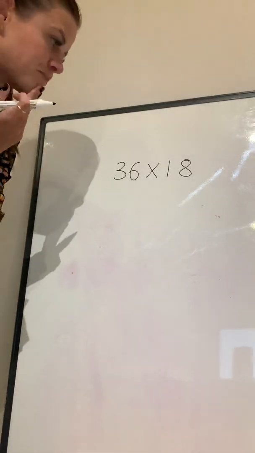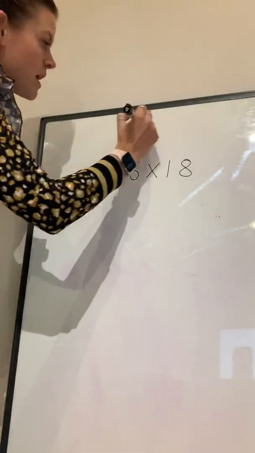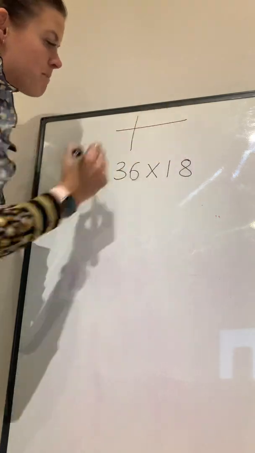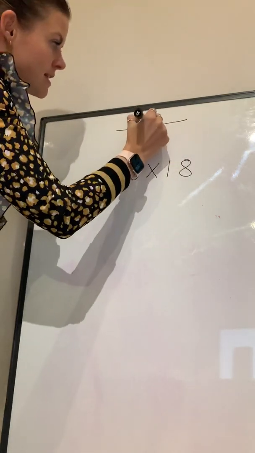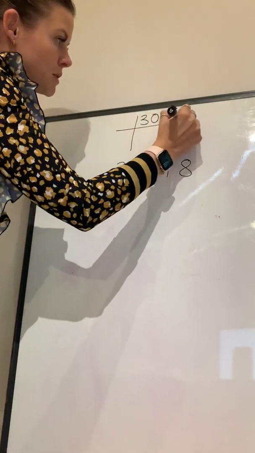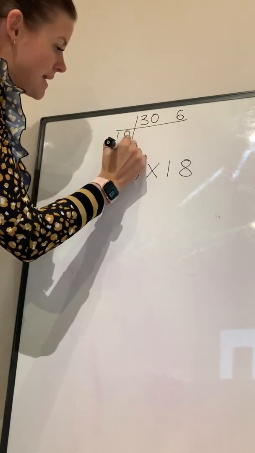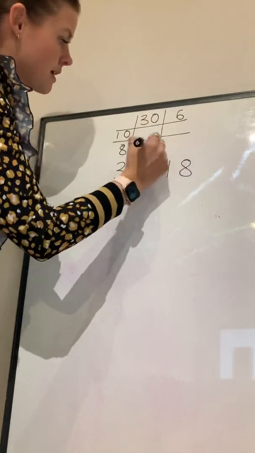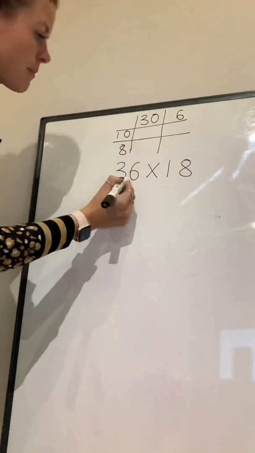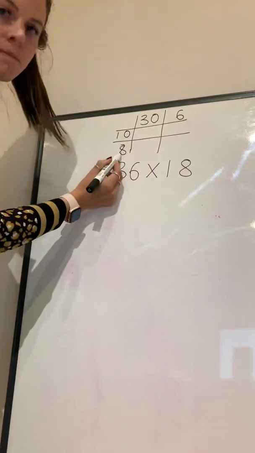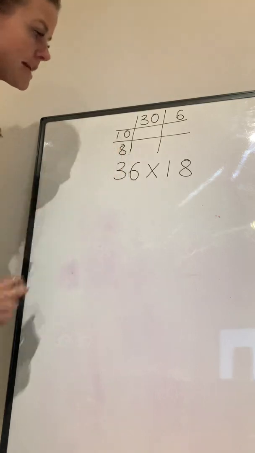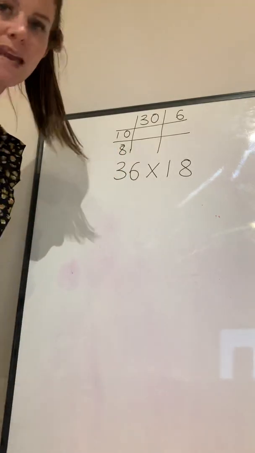Now, yesterday, you looked at that in the grid. So I can do a little mini grid up here, and I can say I've got my 36, my multiplicand, at the top, and I've got my 18 here. I'm looking at multiplying my 36 by 8 and my 36 by 10, which makes up my 18.